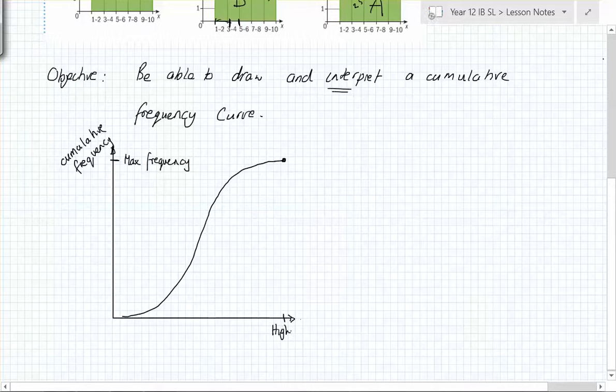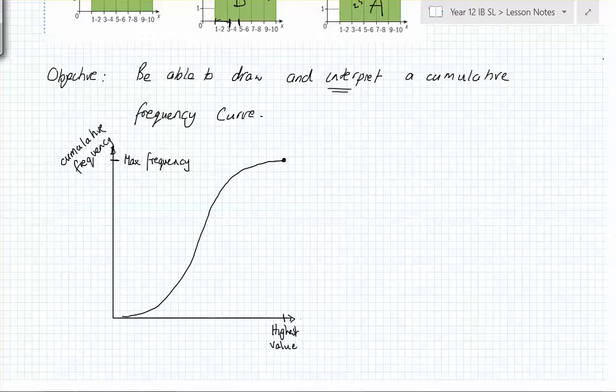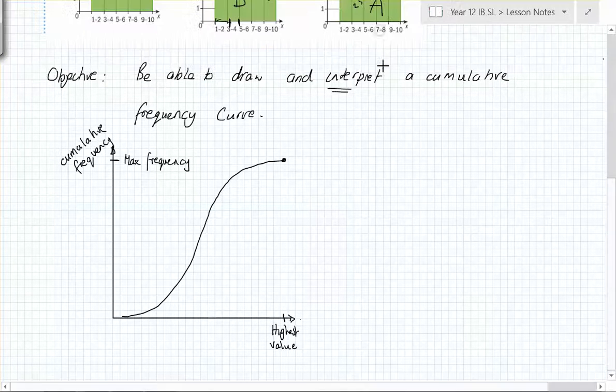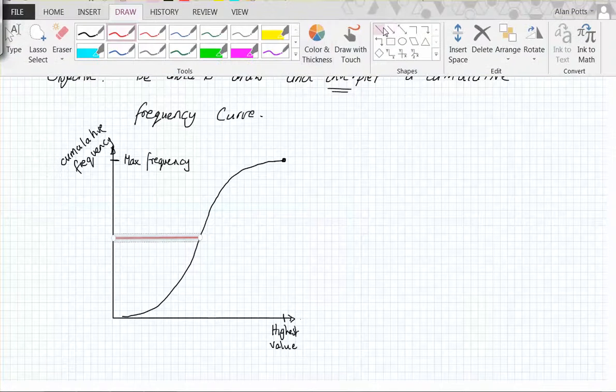Yeah, so that should be the highest value that we've got in our table. Now, do you remember how to read certain things off your cumulative frequency? Well, for the median and the quartiles, you take the max frequency and you find half of it. So if I know whatever my max frequency is, I go to halfway, and you just read across, and read down.